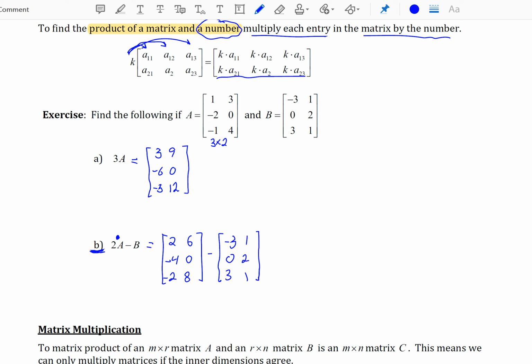And then now we'll figure out what is the matrix created by looking at 2A minus B.